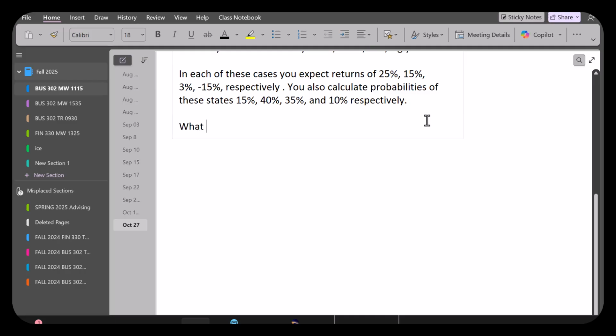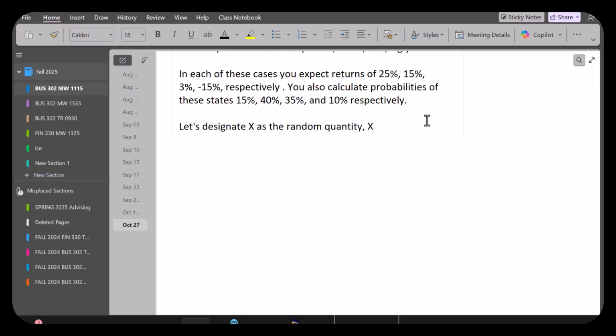So let's designate X as the random quantity, Xi as the value in the ith state, and Pi as the probability of that state.